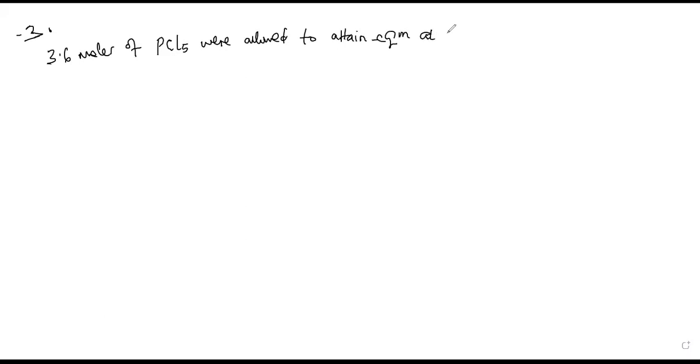3.6 moles of phosphorus pentachloride were allowed to attain equilibrium at 200 degrees Celsius in a 1 decimeter cubed vessel.